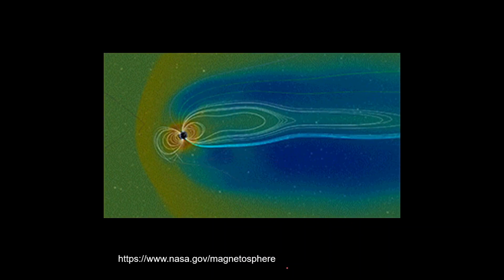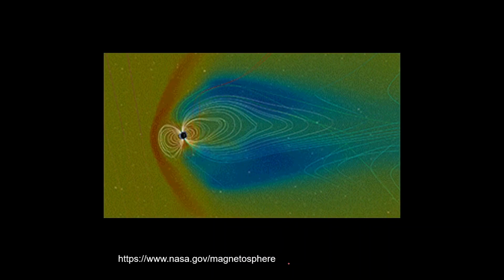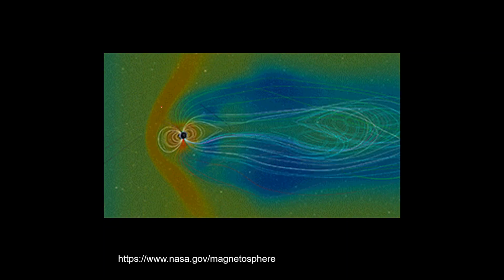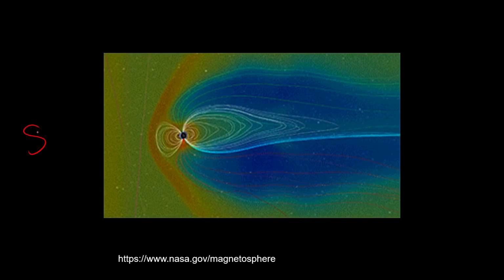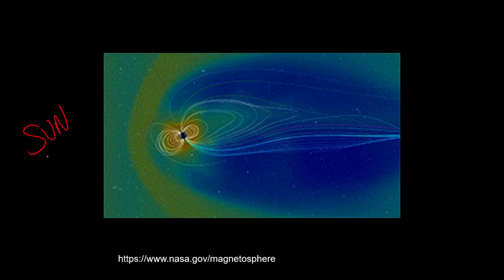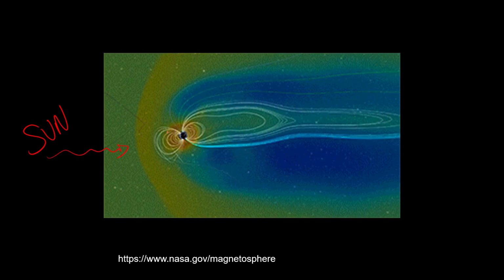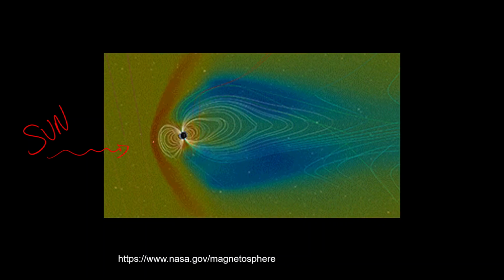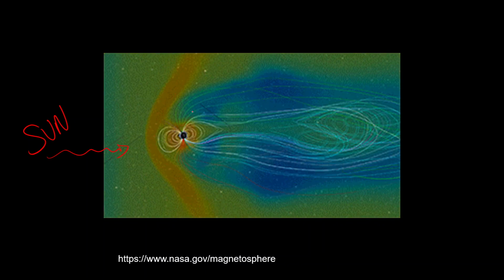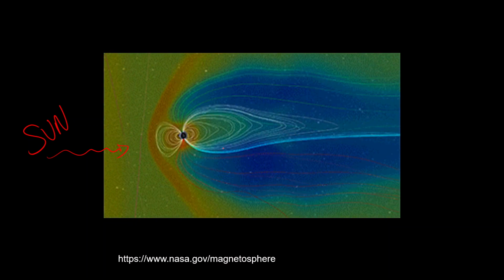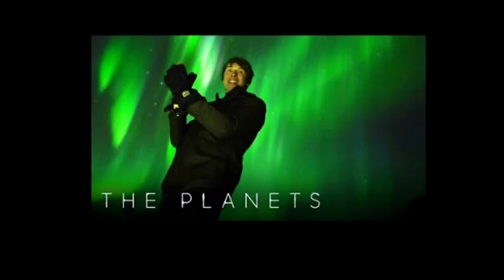Here's from the NASA government website, the magnetosphere of the Earth. The orange coming in, again, this is the sun. These are the solar winds coming in this way, compressing this side of our magnetic field and causing it to stretch out on the far side.